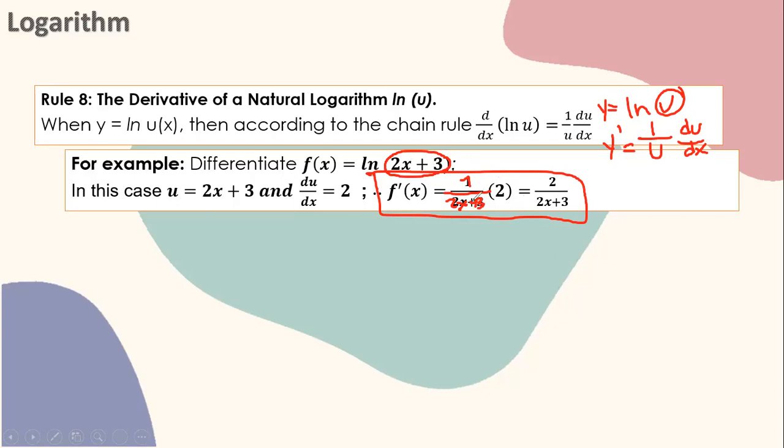So derivative ng 2x plus 3 is mamumultiply to, okay, or is equal to 2. So the derivative of 2x plus 3 with respect to x is equal to 2. So that is the value multiplied to 1 over 2x plus 3. Further simplifying, we get 2 over 2x plus 3.